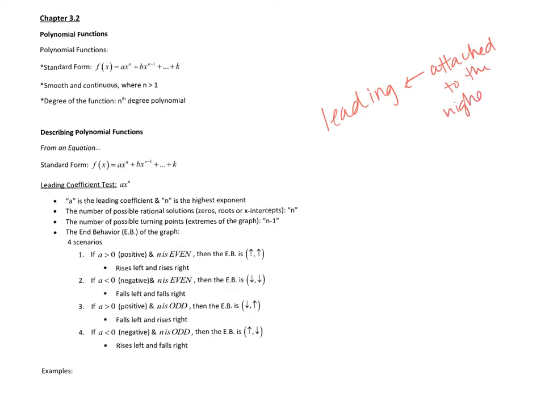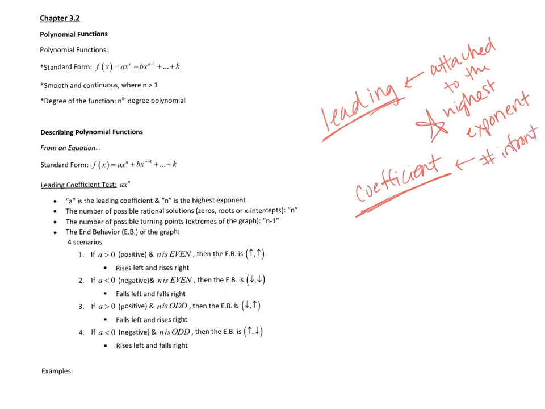Okay, so the first thing that I would do is I'm going to look for the highest exponent and notice, okay, that must lead the equation. Whether it's in the front or not, that's why it would be leading. Then we also call it the leading coefficient. Coefficient means the number in front. So the idea of the leading coefficient test comes from, I'm going to look at the highest exponent and the number in front of that highest exponent.